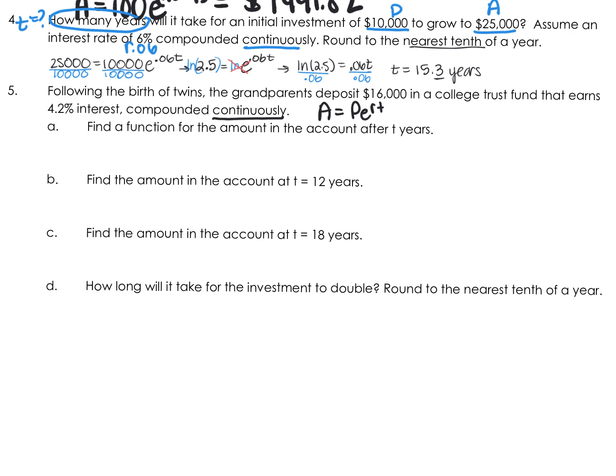It says, following the birth of twins, the grandparents deposited $16,000 into a college trust fund that earns 4.2% interest compounded continuously. Find a function for the amount in the account after t years.